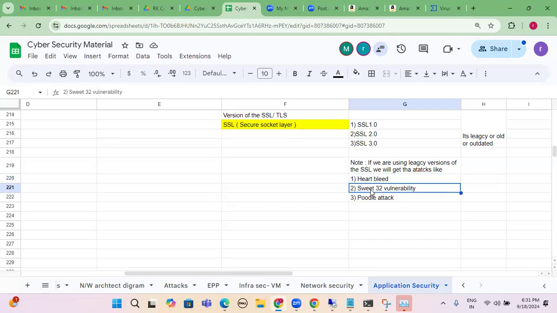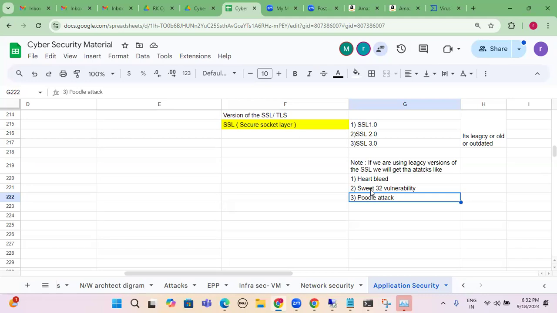Third one, Poodle attack: Padding Oracle On Downgraded Legacy Encryption. It's a legacy encryption, not a strong encryption. It's a weak encryption that uses weak ciphers. The attacker will gain unauthorized access or sensitive data exposure, or plain text data related to PII or PHI, or any confidential data. That is called Poodle.